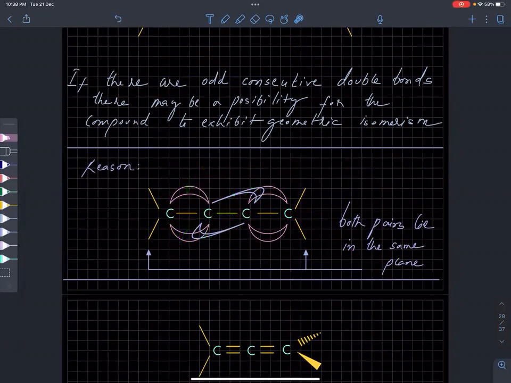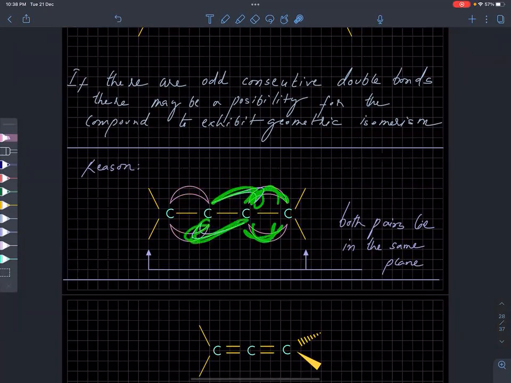Because of inter-electronic repulsions, they will not be on the same plane. They will try to move farthest from each other. So if this is on top and bottom, this pi bond will be at the back and front, because if both were on top and bottom, there would be repulsion between the 2 neighbors. Clear? What about the other? It will be on top and bottom again, because the neighboring one is on front and back.